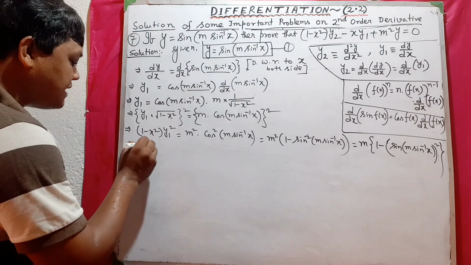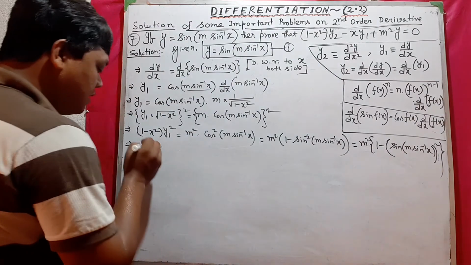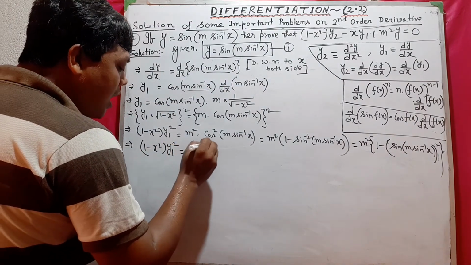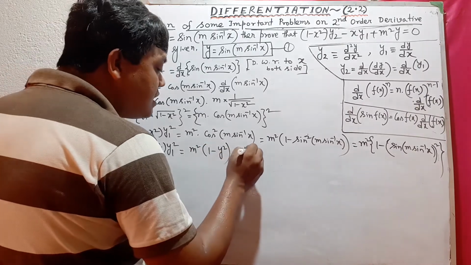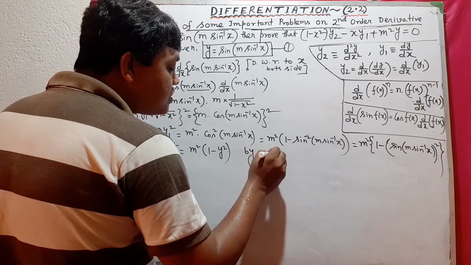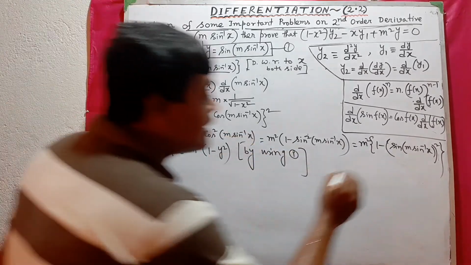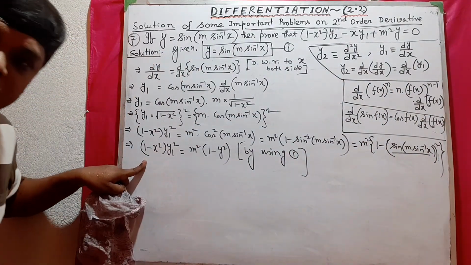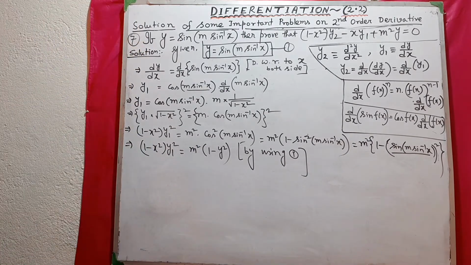So 1 minus x square into y1 square equals m square into 1 minus y square, by using equation 1. We just put y in this place.